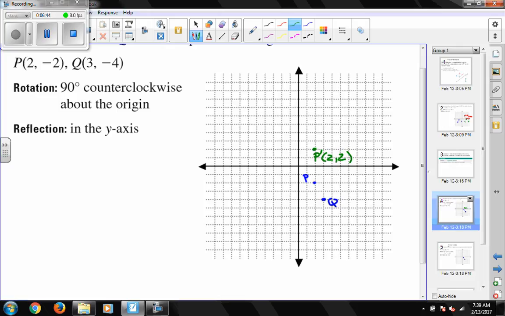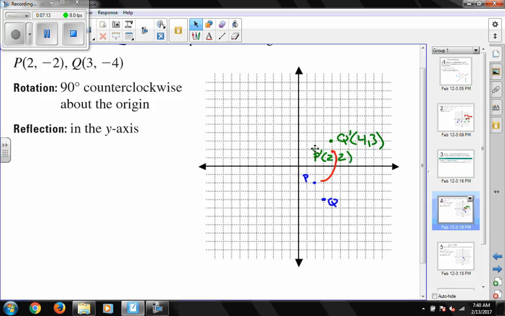Our Q will then go to 4, 3 to give us our Q prime. So that is our rotation. All we've done is move this 90 degrees in the counterclockwise direction.